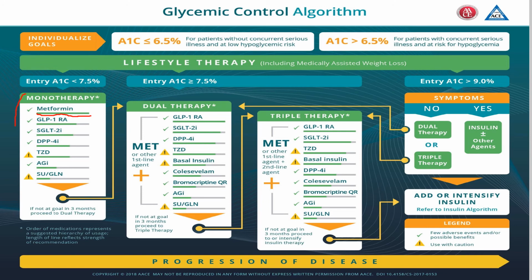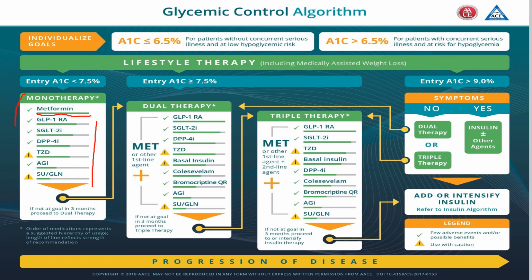So you can see typically someone on monotherapy, metformin would be the drug of choice. And then as you go down the line, they're a little bit less often used, usually because they have more side effects or other issues.